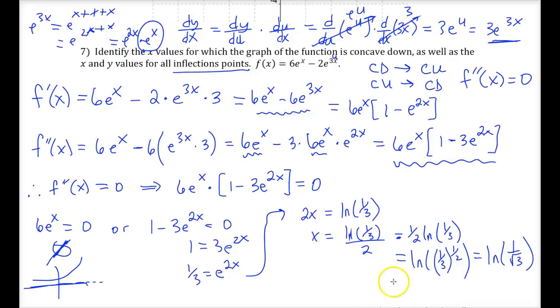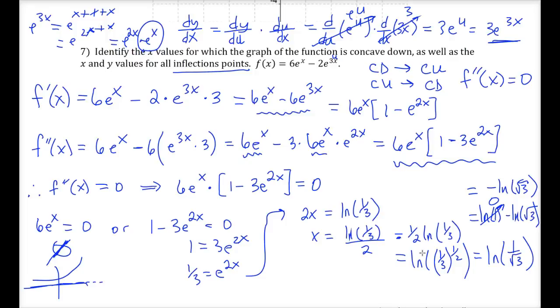And if we wanted to go a little further, I know that I can use my logarithm properties to essentially say that this is going to be natural log of 1 minus natural log of square root of 3. And that's 0. So this ends up just being negative natural log of square root of 3. So I'm only doing that so that you know what type of number or numbers we're dealing with.